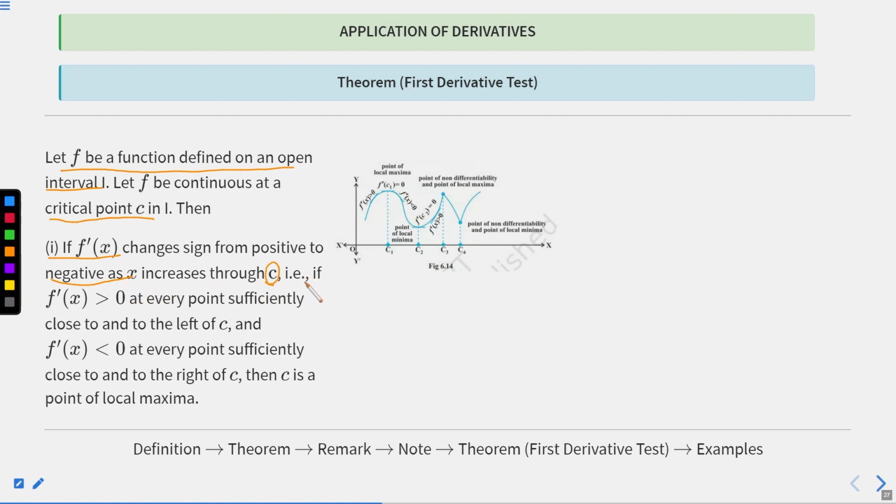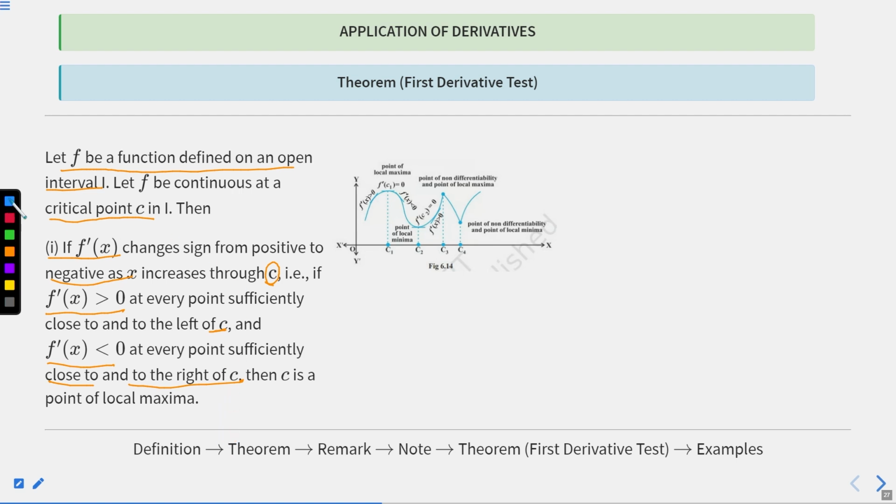That is, if f prime x is greater than 0 at every point sufficiently close to and to the left of c, and f dash x is negative at every point sufficiently close to and to the right of c, then c is a point of local maxima.